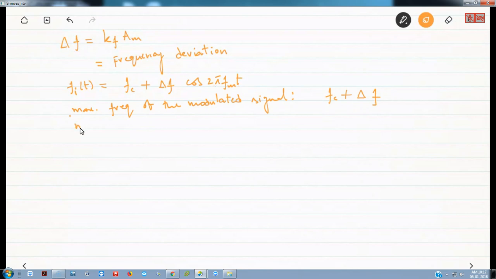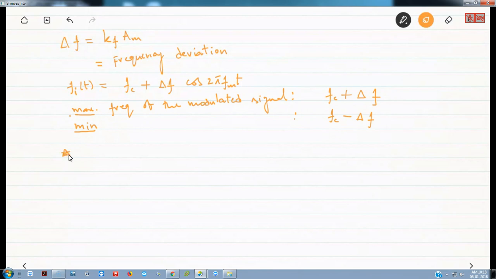And similarly, what is the minimum frequency of the modulated signal? f_c minus delta f, right? The maximum frequency is f_c plus delta f. The minimum frequency is f_c minus delta f of the modulated signal, because cos 2 pi f_m t can take a maximum value of +1 and a minimum value of -1.